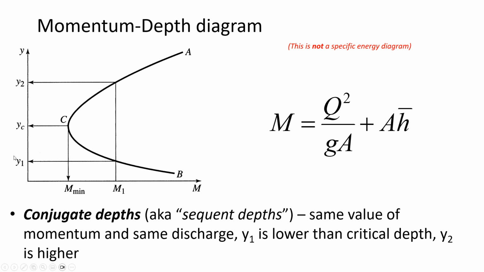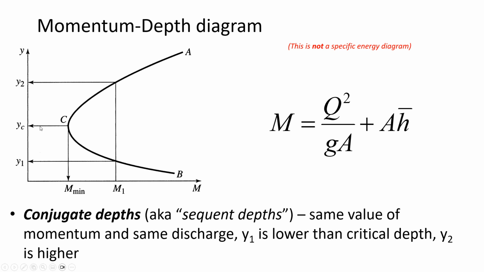Upstream with the lower sequent depth is supercritical. Downstream with the higher sequent depth is subcritical. And the same characteristic is true on a momentum depth diagram as on a specific energy diagram, that the point that's furthest to the left, which is associated with that minimum, is associated with the critical depth.